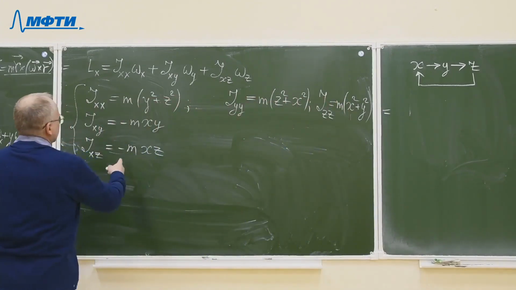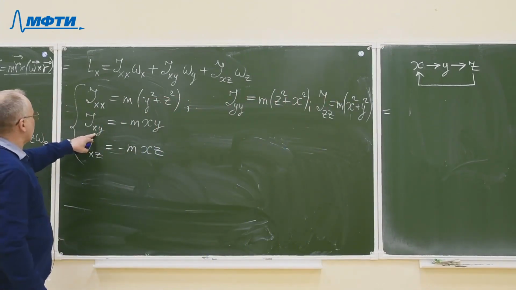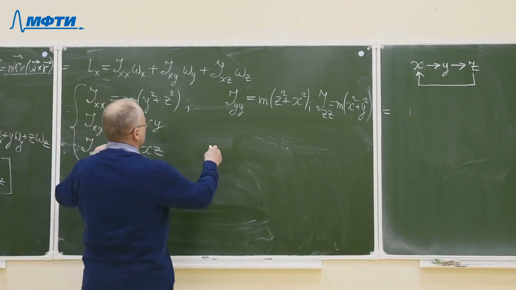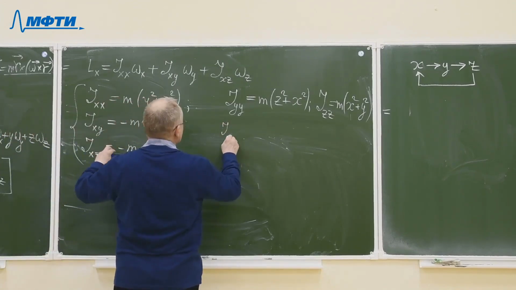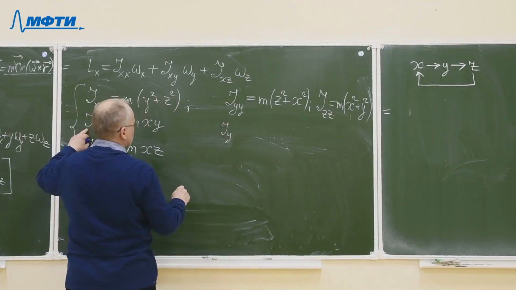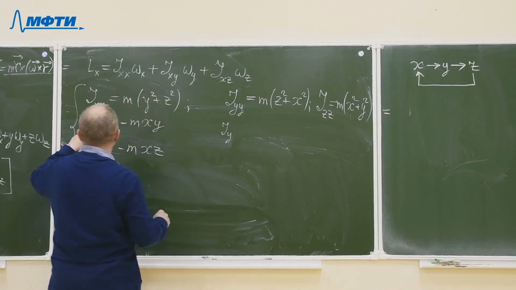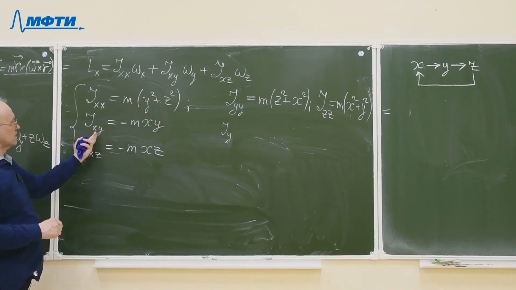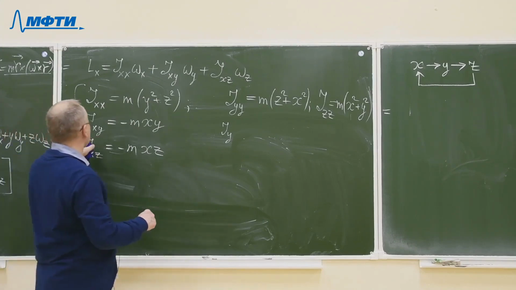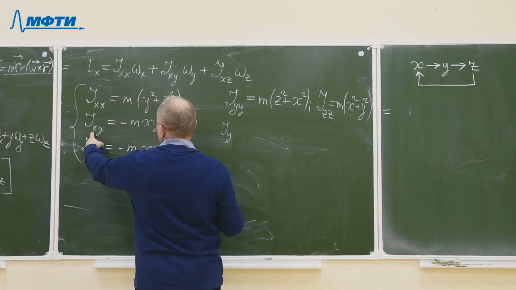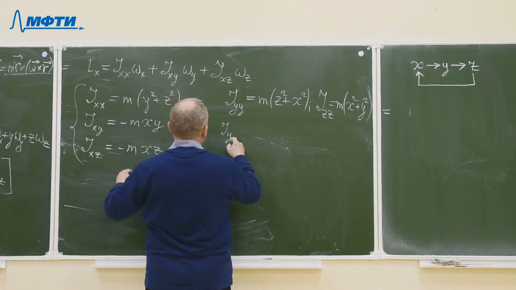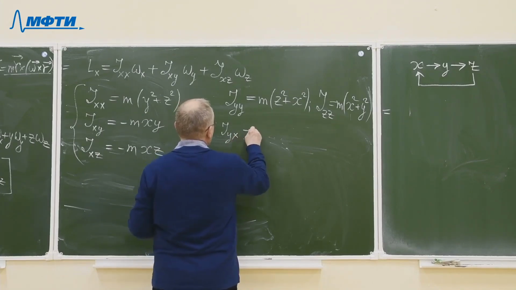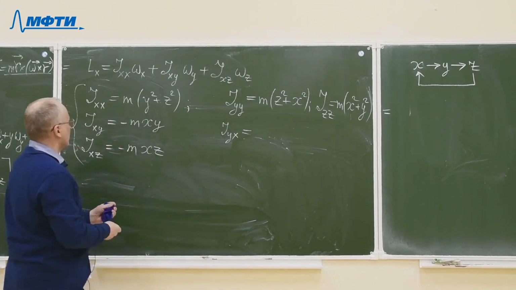And from here I can easily find the components of the tensor of inertia with changed indices. From Ixy, I can find the component Iyx. I just change these indices.